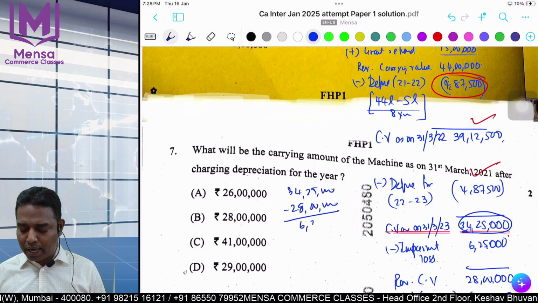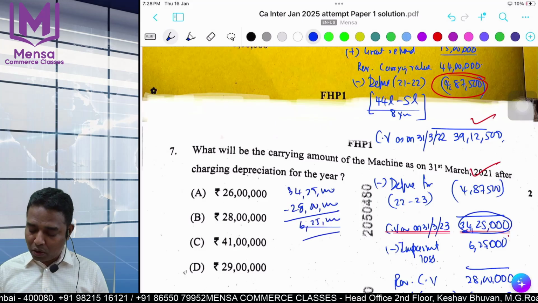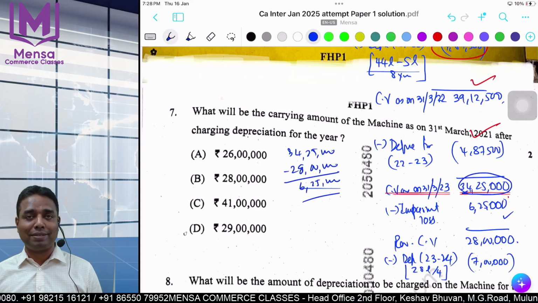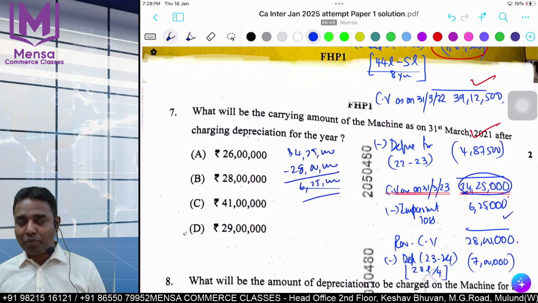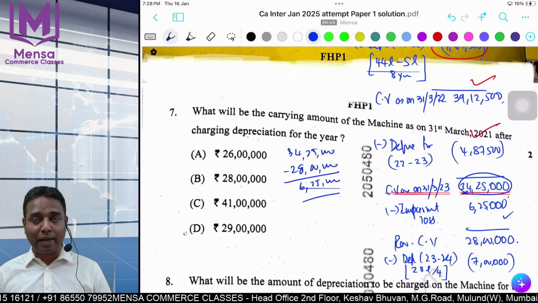If you see, 6 lakh 25,000 becomes the impairment loss. So we have deducted the impairment loss. The revised carrying value is 28 lakhs. This is the value which we will have as on 31st March 23 after the impairment, 28 lakh rupees.